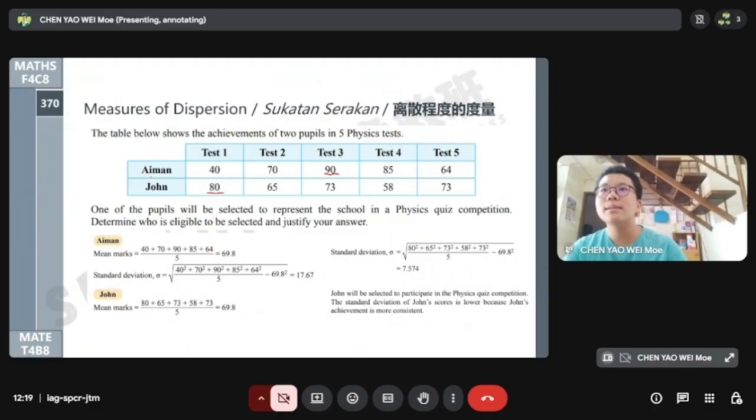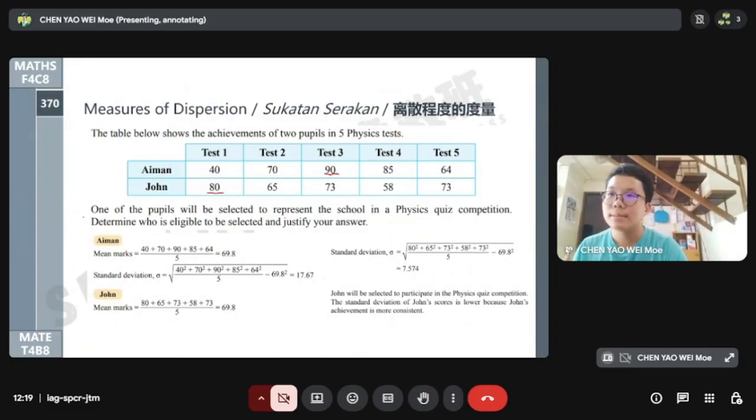Even though we can say this one is higher, we see the smallest. You see, here is 40, and the consistency suddenly jumps. That is not consistent.